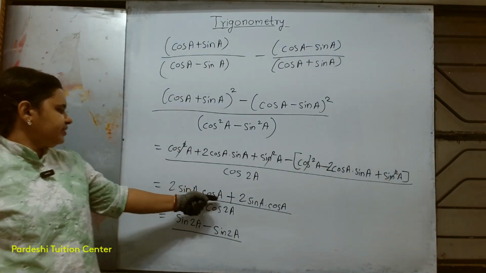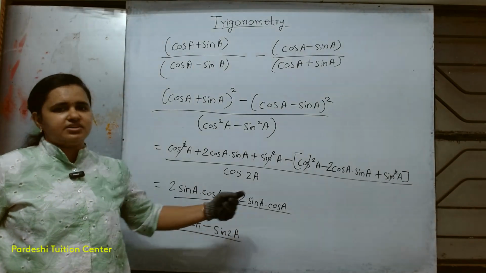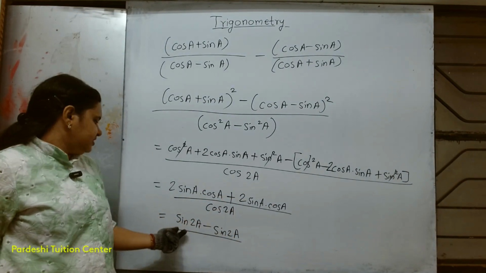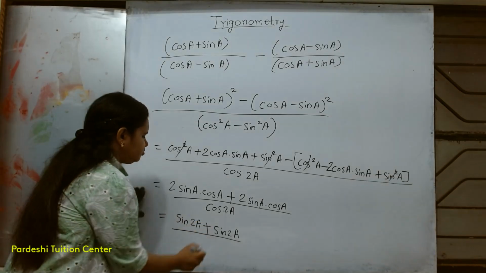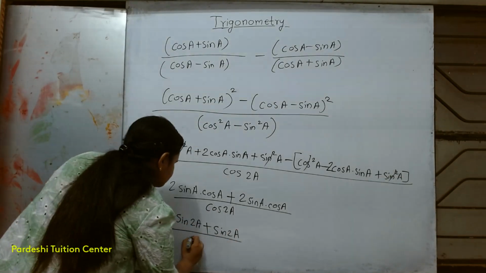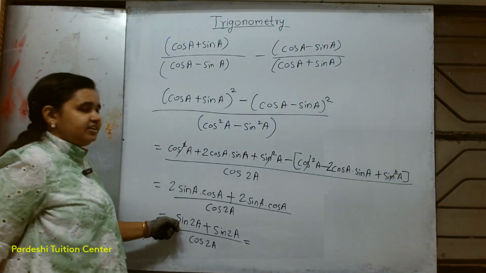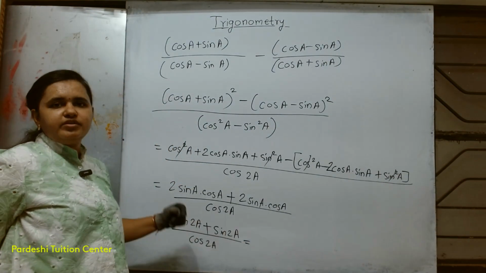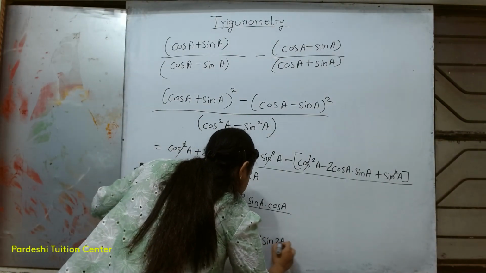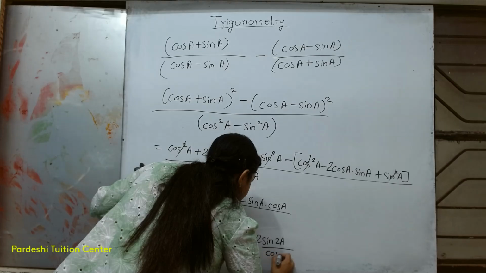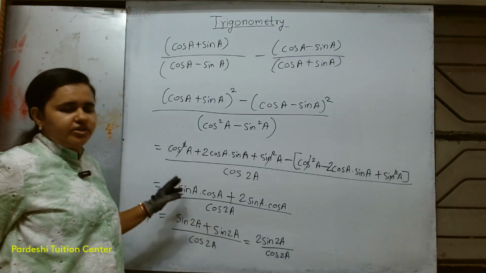So 2 sin A cos A plus 2 sin A cos A upon cos 2A is sin 2A plus sin 2A upon cos 2A. So sin 2A plus sin 2A will be 2 sin 2A upon cos 2A. So sin 2A upon cos 2A is tan 2A.